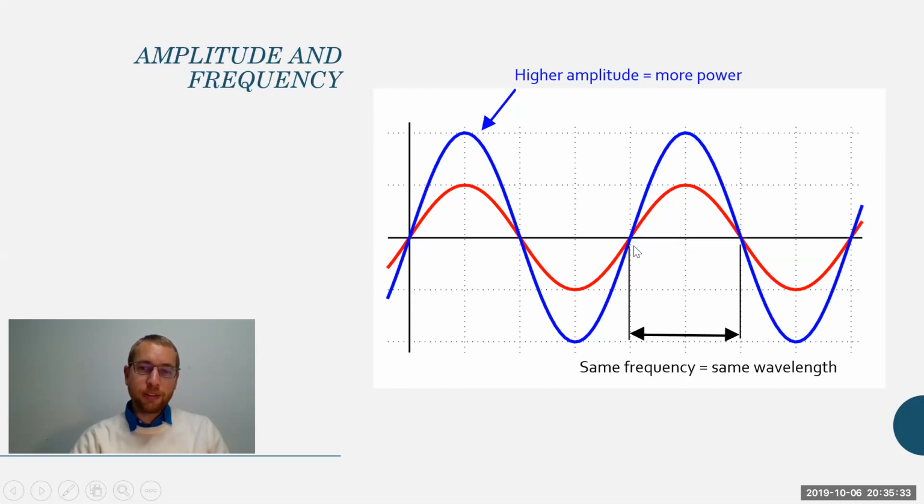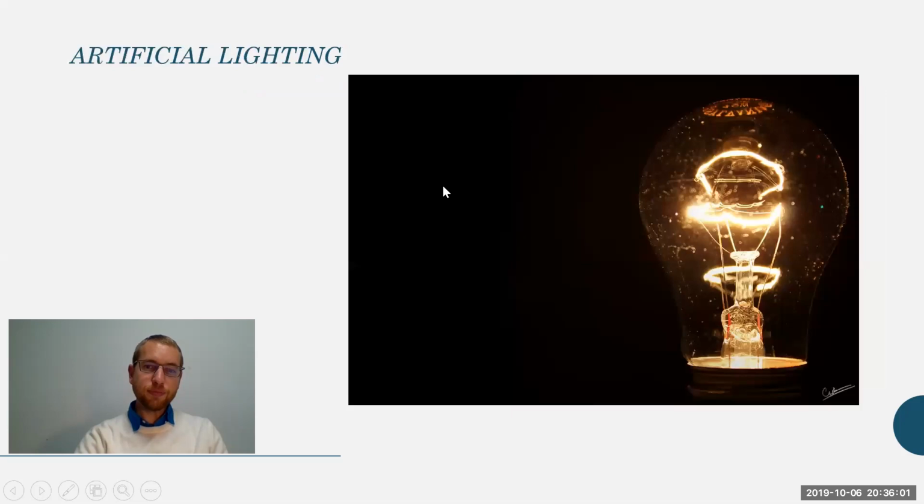Wavelength or frequency is what's going to determine the color, whereas the intensity, the brightness, is going to be determined by the amplitude of those waves. And that's where that intensity comes from, that flux. So we could have a very dim red light and a very bright red light, and the brighter one is going to have waves at the same frequency, but at a higher intensity or higher amplitude.